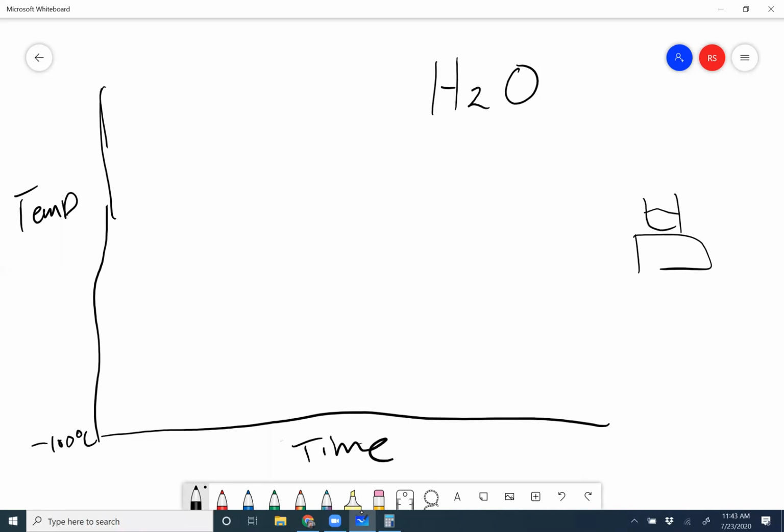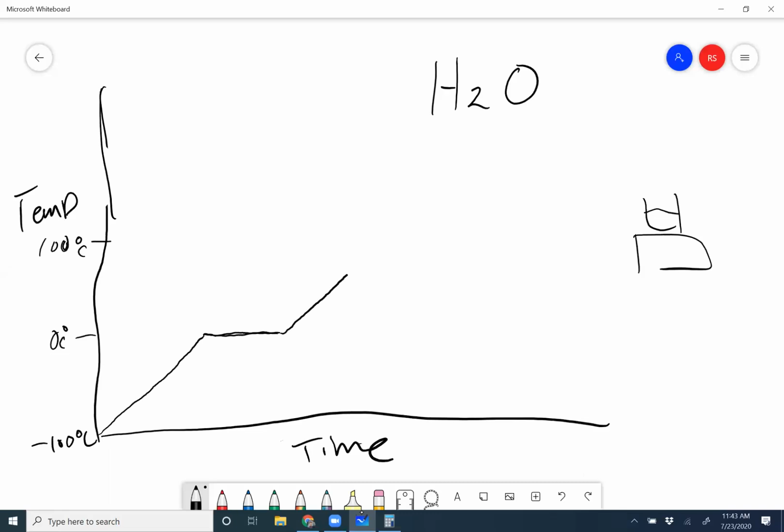If we monitor the temperature, we're going to see something weird. So here's 0 degrees C, and then here's 100 degrees C. What we're going to notice is that the water is going to go like this, and then as soon as it hits 0 degrees C, the temperature won't change for a while. Then all of a sudden, temperature will start changing.